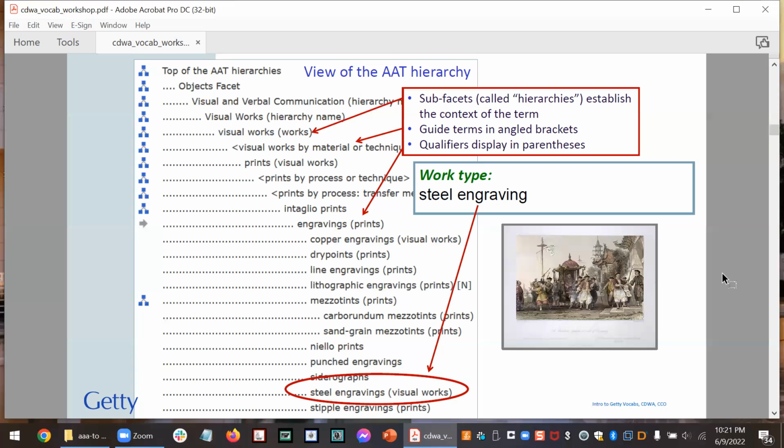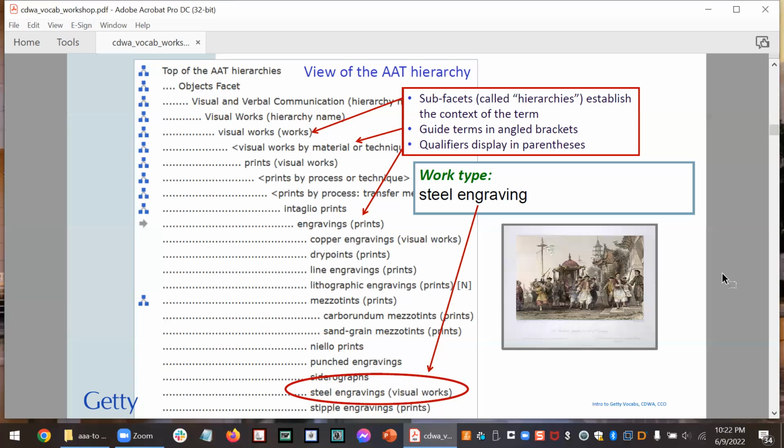Then above that, the arrow is pointing to a phrase in angled brackets, visual works by material or technique. Now those phrases in angled brackets are intended to organize the thesaurus. You should not use those for indexing. But there are various subfacets and other ways that the hierarchies are arranged in the AAT.